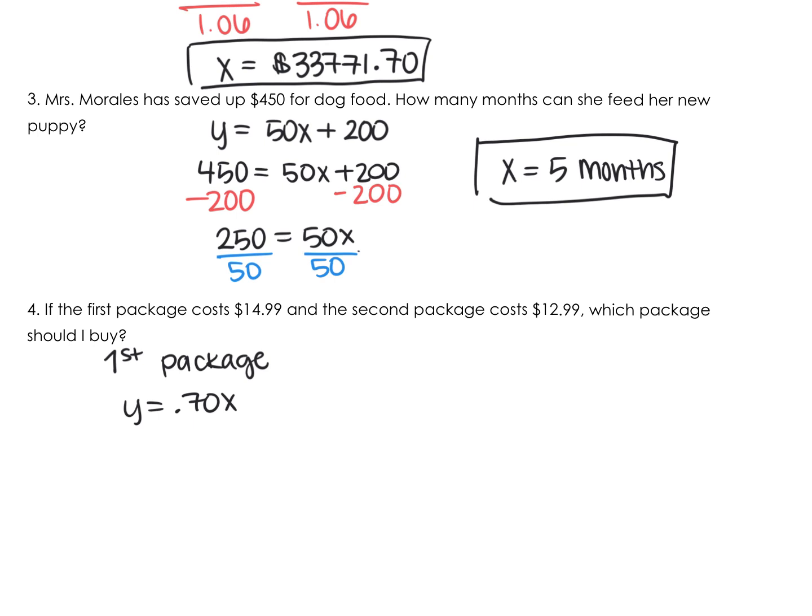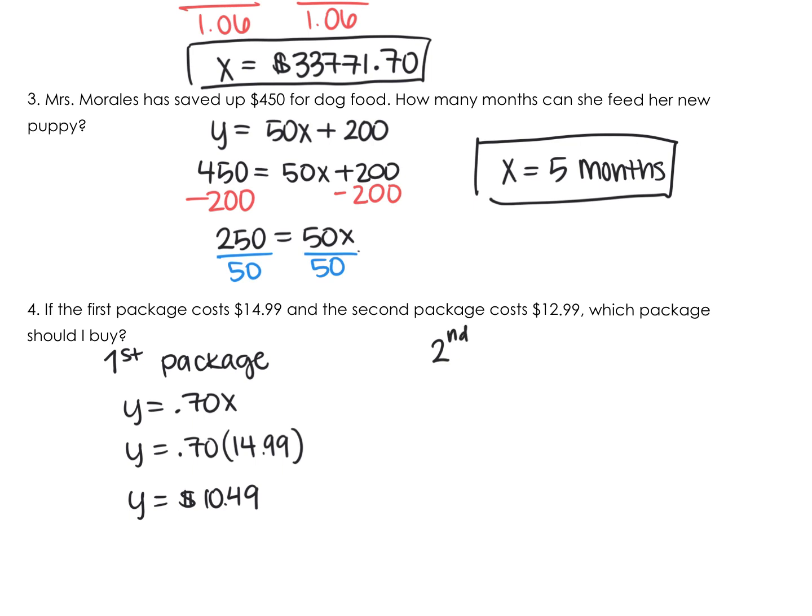So in this case, I'm plugging in a value for x. So we'll have y equals 0.70 times $14.99. And we get that the cost is going to be $10.49.